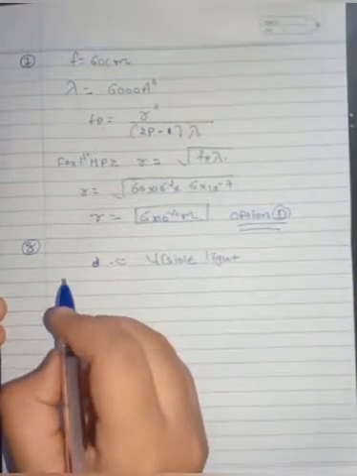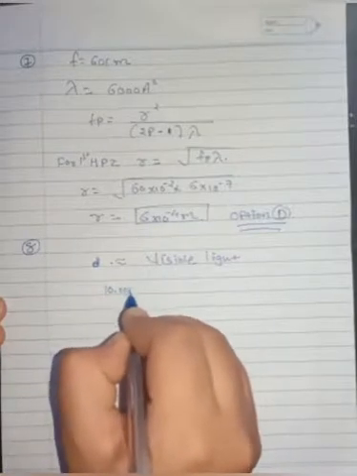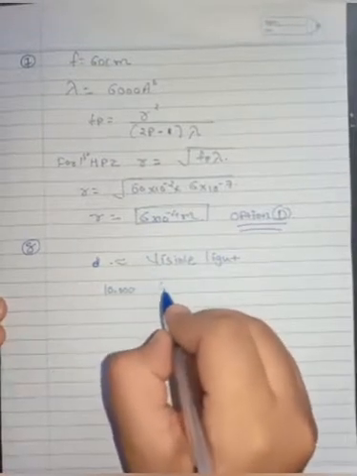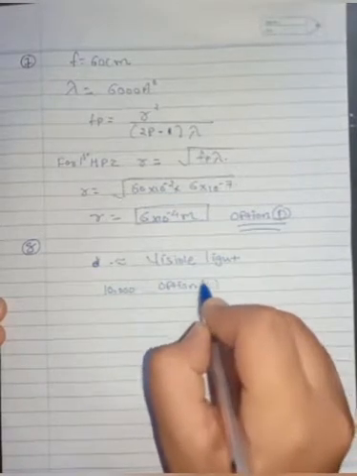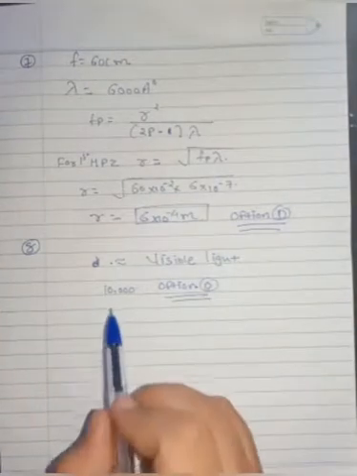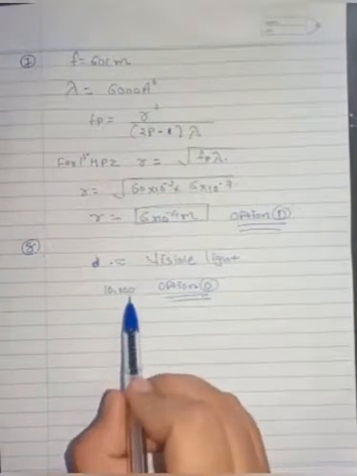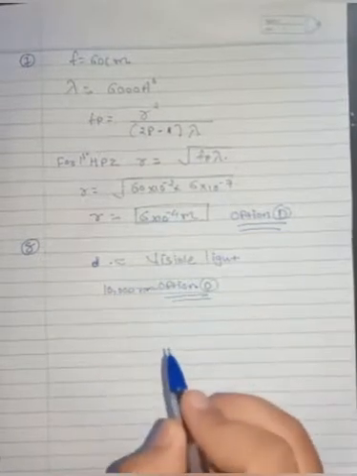So the correct option is 10,000. So option B is the correct option. Here, it should be 10,000 nanometer approximately.